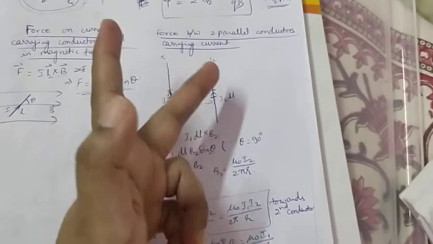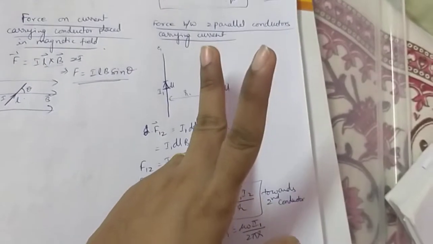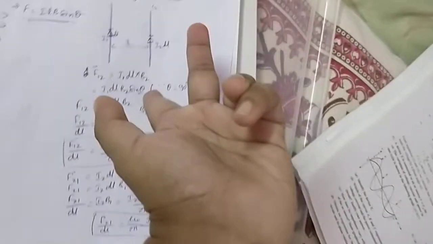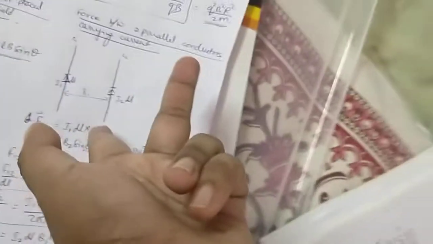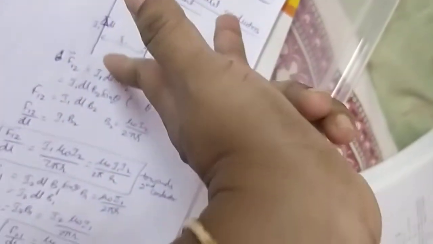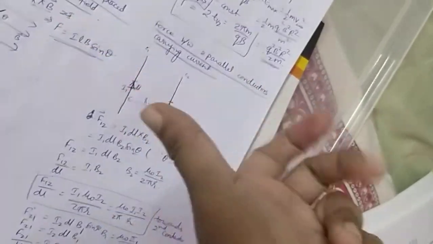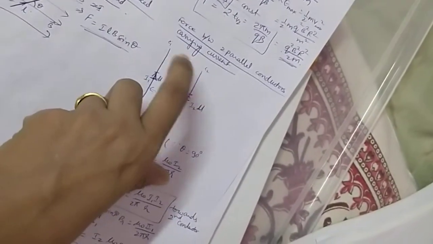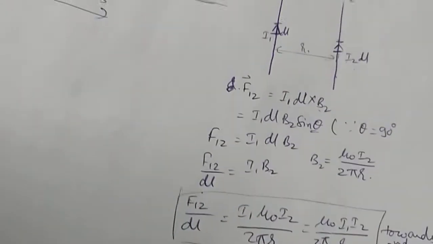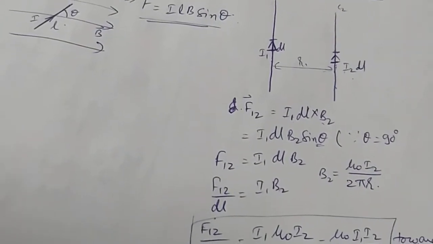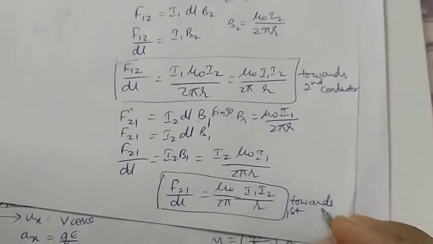Now see, for Fleming's left hand rule, the current is in the upward direction, the central finger upward, and the magnetic field in the downward direction. You can see my forefinger is in the downward direction, and my thumb is pointing this side, towards C1, the first conductor.